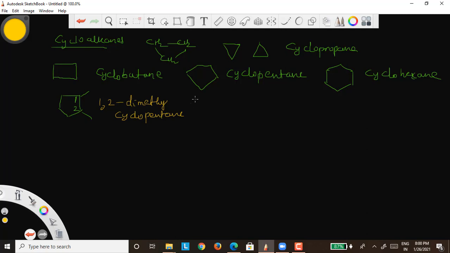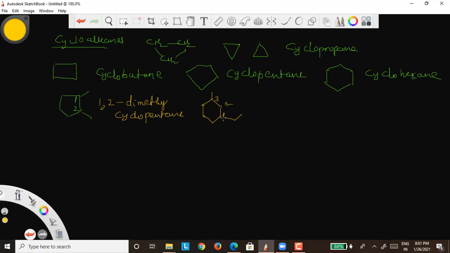Now suppose you take cyclohexane. Here you connect one methyl group, here you connect an ethyl group. Then you say one methyl, two ethyl. But alphabetically E will come first, then M. You should give the lowest number, which means you start the numbering with the heavy group. Say this is one, two, three.